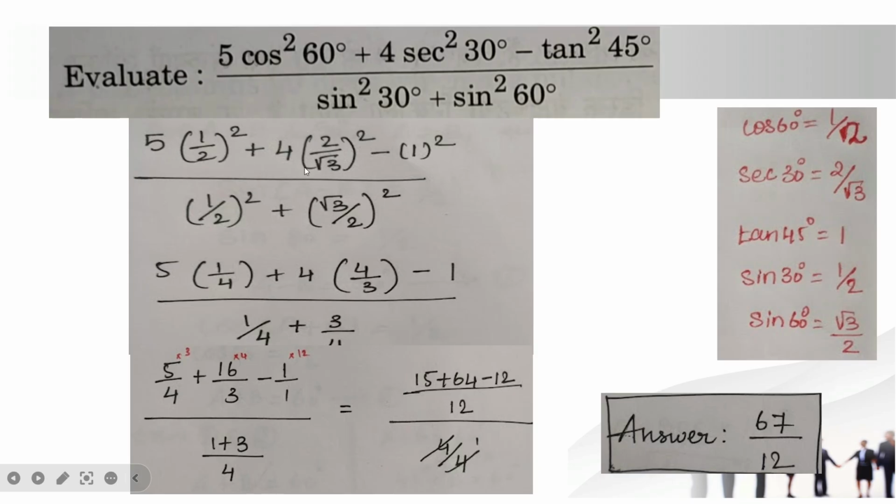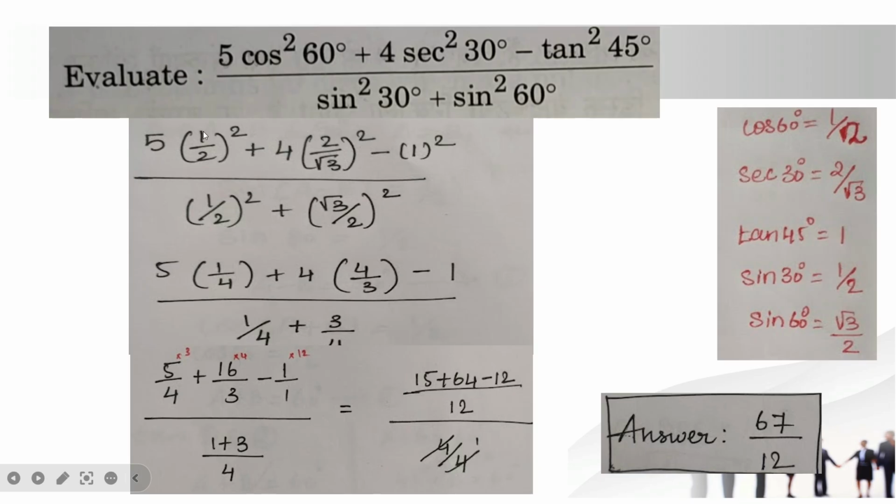Secant 30 is 2 by root 3, 4 into 2 by root 3 the whole square. Tan 45 is 1, so minus 1 the whole square, by sin 30 is 1 by 2, 1 by 2 the whole square, plus again sin 60 here, root 3 by 2 the whole square.